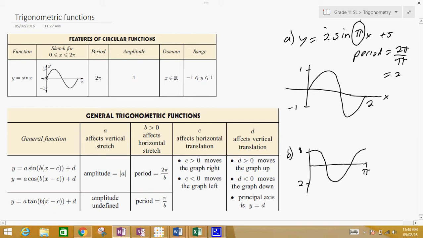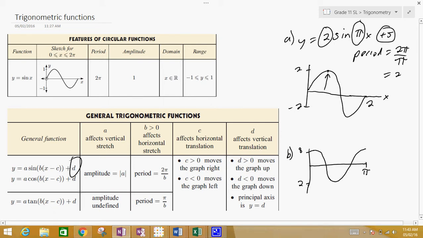Other pieces of information, this is 2, so our amplitude is going to be 2. Meaning it's not going from 1 to negative 1, but it's actually going from 2 to negative 2. And our last piece of information that's given is this plus 5. This is your d value, meaning that your sine function is going to be moving up by 5.